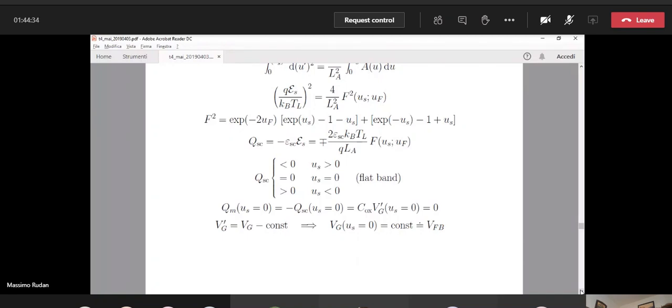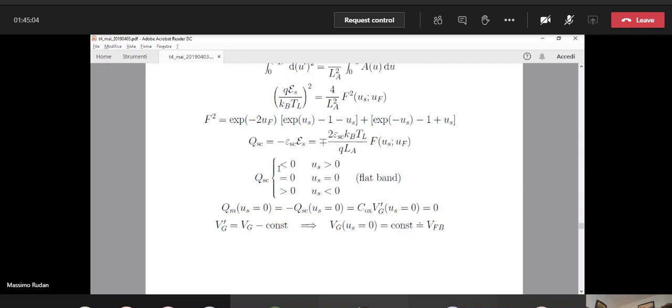And finally, when the surface potential is negative, the surface electric field is negative and the charge in the semiconductor is positive. So all of this is grouped in this parenthesis. So I repeat it. When the surface potential is positive, the charge in the semiconductor is negative.